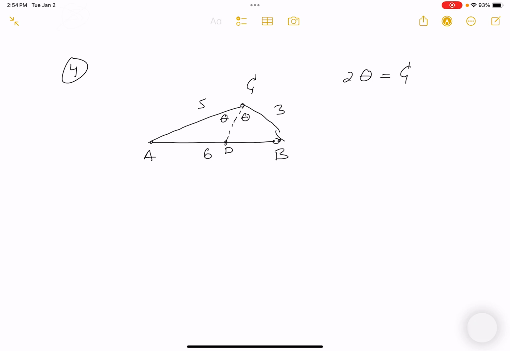All right? So what I got to do is start thinking about what they're asking about. They want the length of the line segment AD. So they want to know what this segment is over here. I guess I can write certain things down. And I'm going to try to use the law of sines, because it's certainly going to be easier than using the law of cosines at this point.